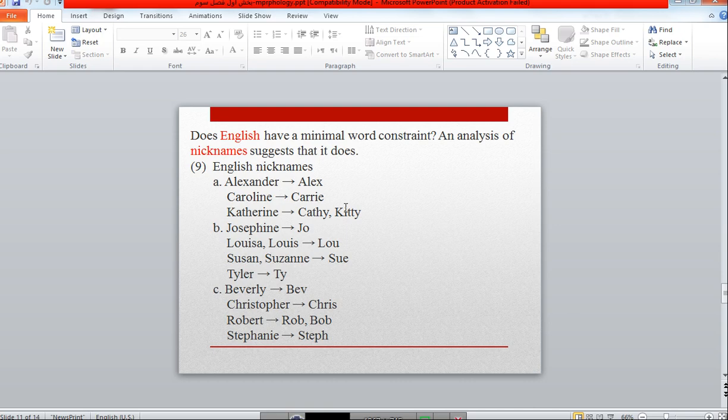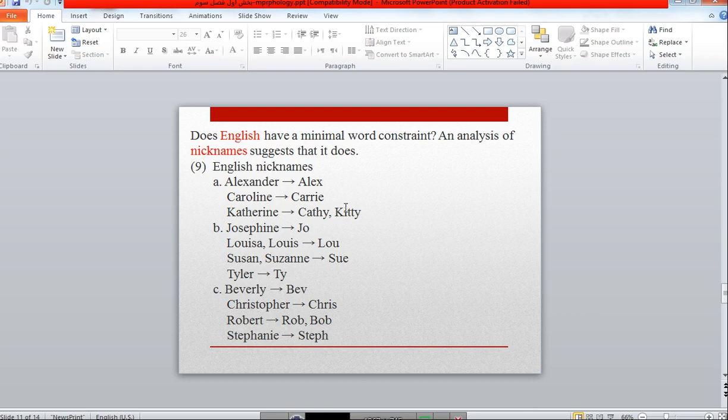From this data, it seems that English falls in with the set of languages that have a minimal word constraint. Even the shortest of nicknames must consist minimally of a heavy syllable or two light syllables, and it is difficult, if not impossible, to find an English content word that contradicts this conclusion.